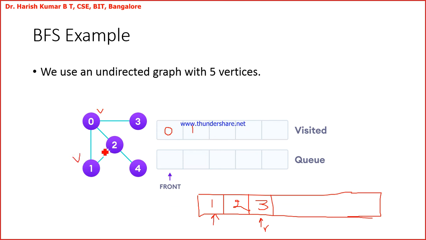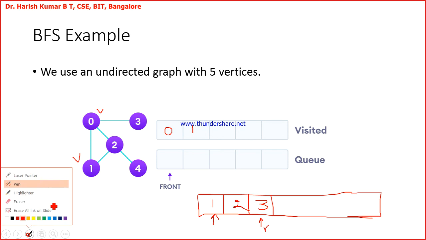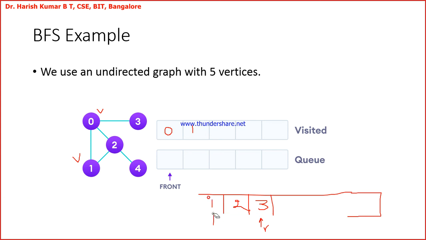Next I add the unvisited nodes which are adjacent to 1 to the queue. Before that, let me erase 1 from here. So front is pointing to this. 1's adjacent nodes are 2 and 0. 0 is already visited, but 2 is already there, so I don't have to add anything.